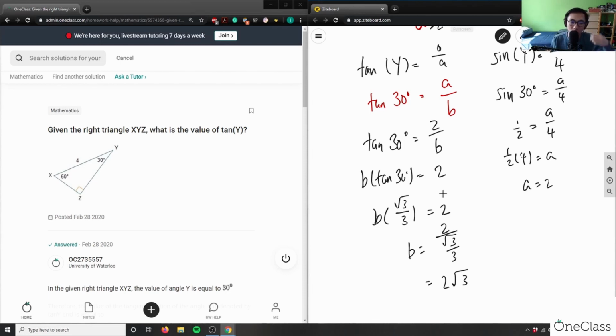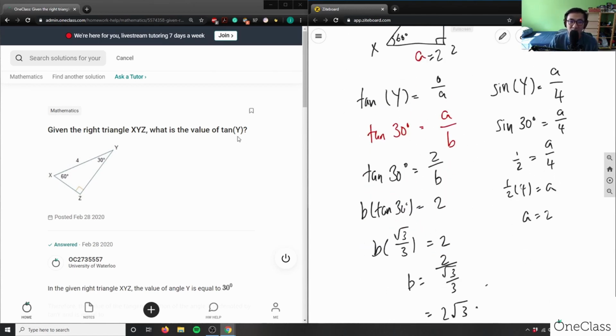Or if I were to change it to a decimal, it would be approximately... wait, am I solving for sides? I'm not solving for sides. It's asking what the tangent Y value is, which is simply tangent 30. Tangent 30 is just root 3 over 3.